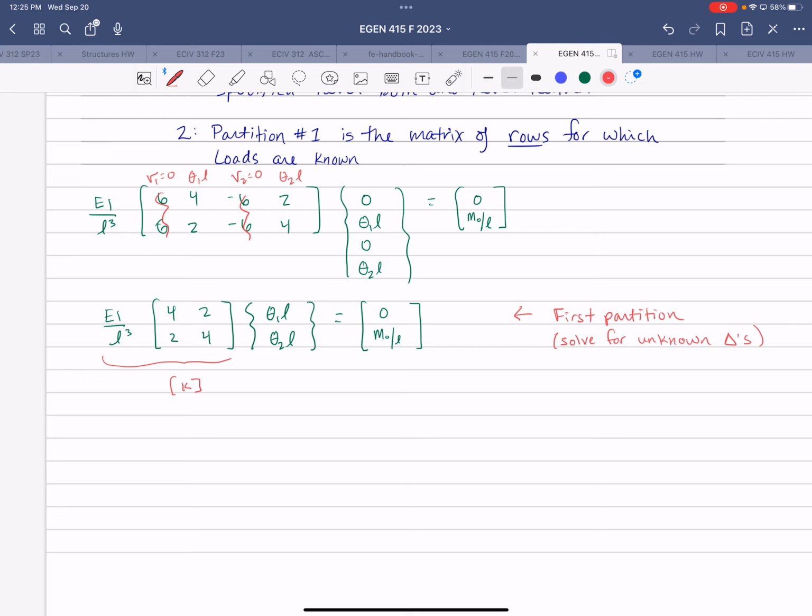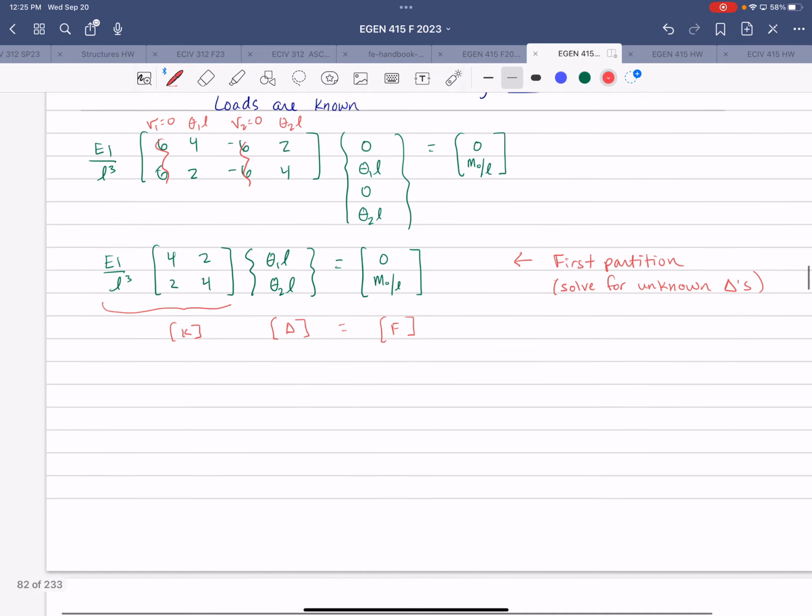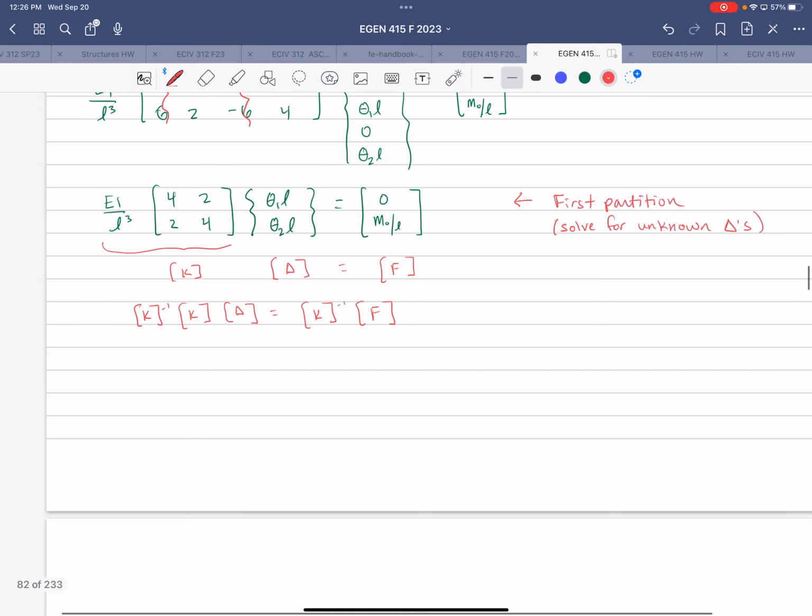So there's K times delta is equal to F. So we just need to take the inverse of that stiffness matrix and pre-multiply both sides in order to solve for the displacements.